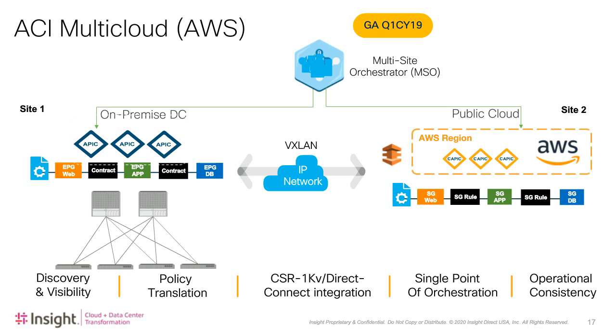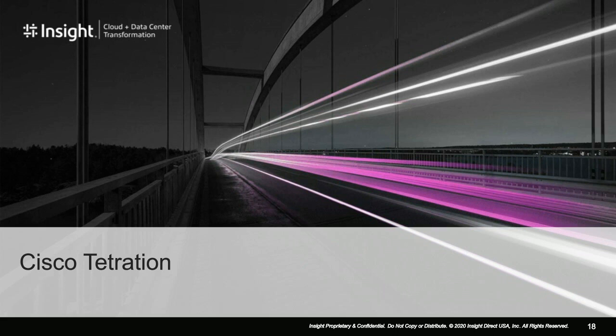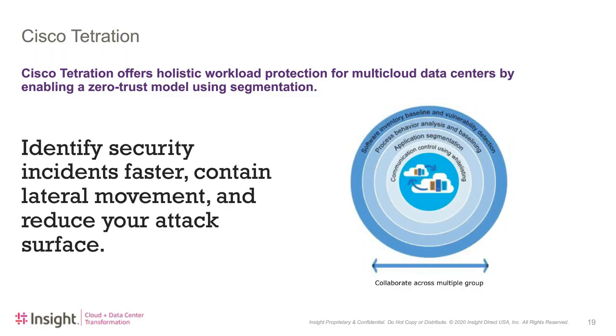The next technology that we want to cover is Cisco Tetration. When Tetration first came out on the market, they were marketing it as an application dependency mapper, so it didn't have a lot of the features and benefits that it has today.